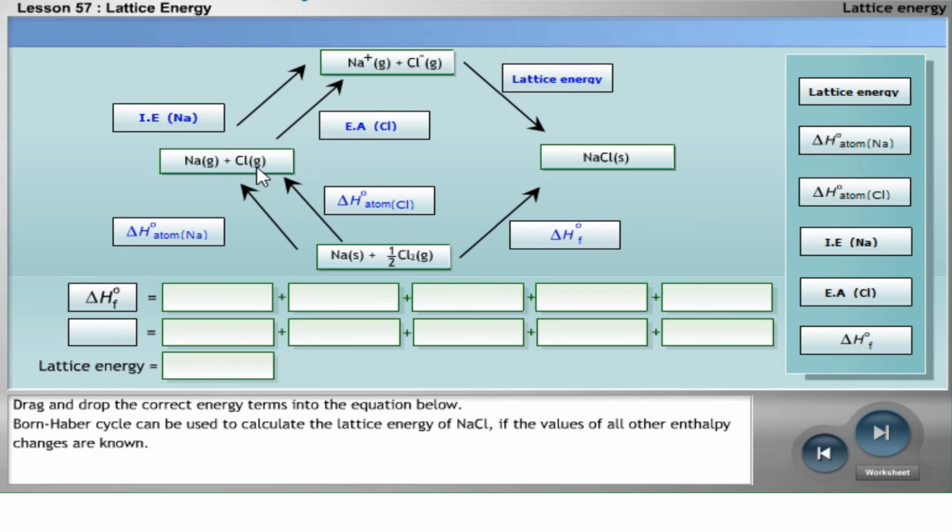From Cl gas to Cl- gas is electron affinity of chlorine. Then the combination of sodium ion and chloride ion to form NaCl solid is the lattice energy. This is from sodium solid reacting with chlorine to form NaCl, the enthalpy of formation.